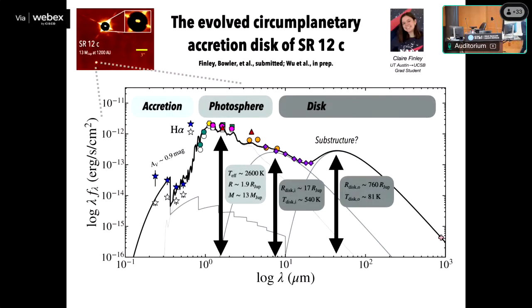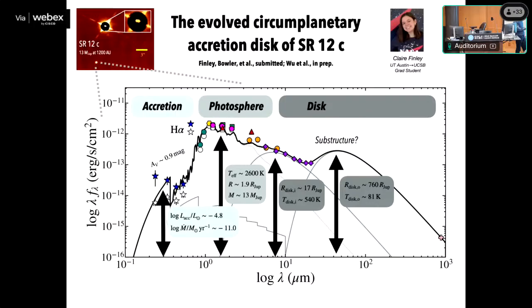But in principle, we can get from the scaling here the characteristic size of the emitting region and the temperature. So at least for this inner component, something like 20 Jupiter radii and 500 Kelvin or so for a temperature. We can get the extinction from the UV through blue and up to red optical photometric points.